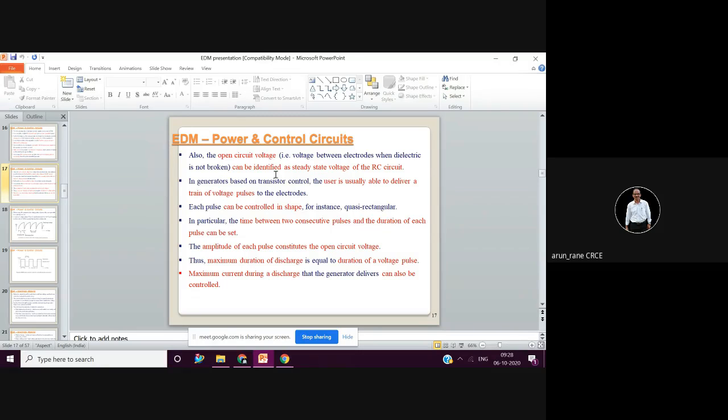Open circuit voltage is the voltage between the electrode and workpiece when the dielectric is not broken. So the circuit is open. It can be identified as a steady state voltage. And when it goes down, some kind of shorting occurs, the dielectric breaks and the electron jumps.